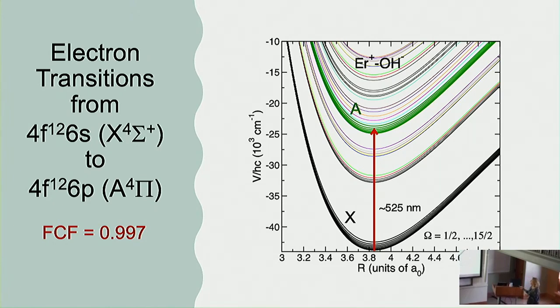But what is interesting, I believe, is this transition is very strong. It's like 3-4 atomic unit strengths. But for all transitions between those, I don't know, we didn't check, we should probably check this kind of transition. But in principle, transition between states which belong to the ground configuration is very weak.